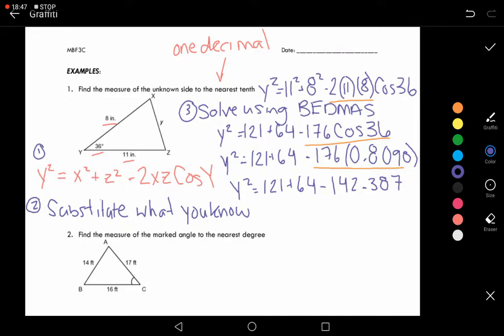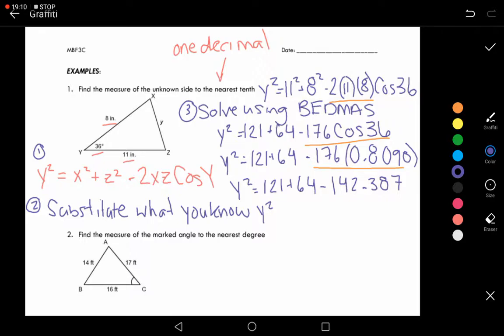Okay, at this point, all we have left is adding and subtracting, so we can do that all in one step. So 121 plus 64 minus 142 minus 387.